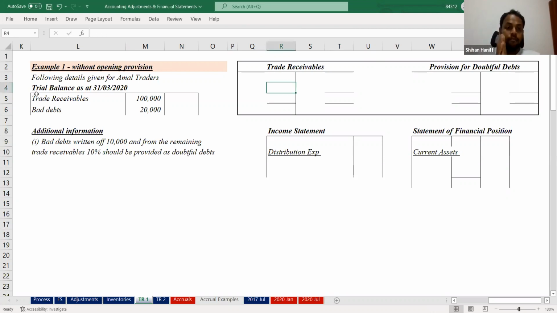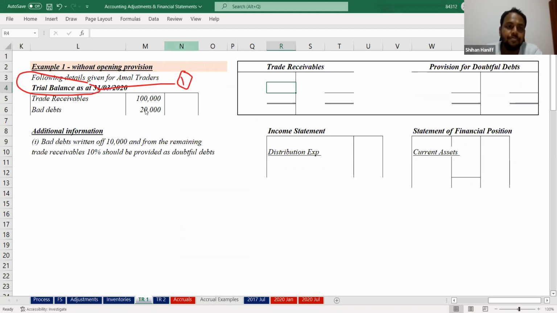Another very important concept. Anything in the trial balance, we record only one single entry. Anything in the trial balance, you have to enter only in one place.